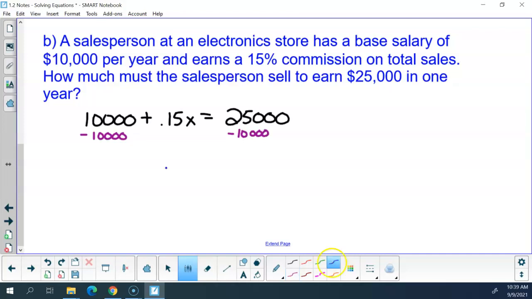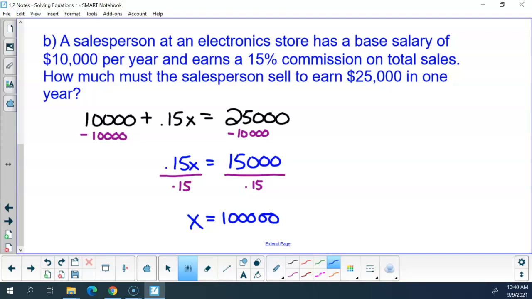So that's going to give me 15,000 divided by 0.15. $100,000. Okay. But what is that 100,000? Dollars, right? Dollar bills, y'all.